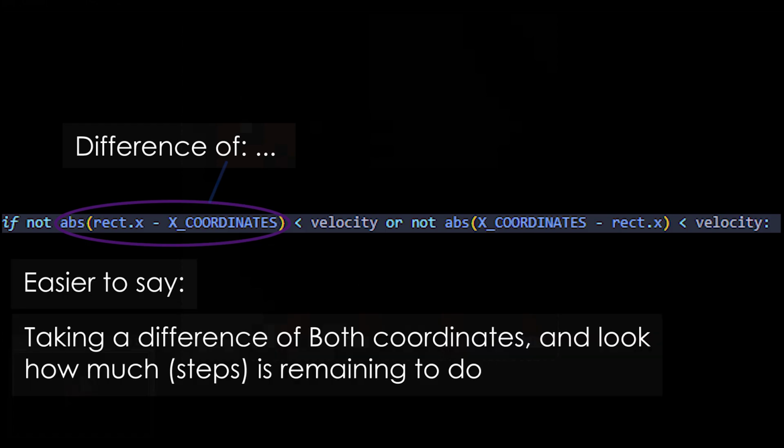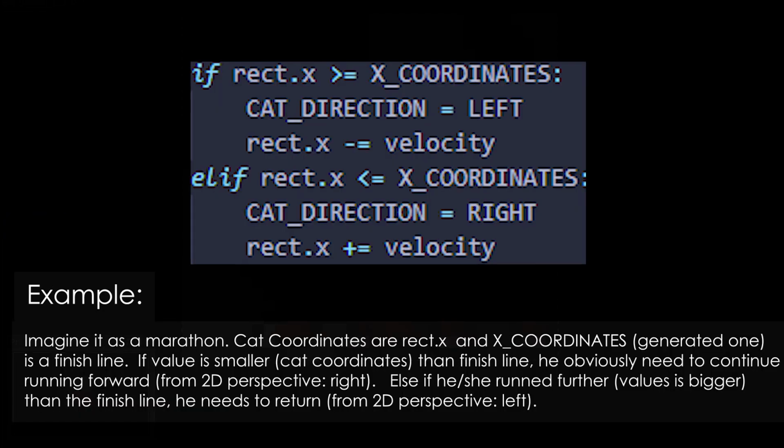You just say something like, oh, I am on coordinate 200. For example, I'm running a marathon. I have run 200 meters, but the finish line is at 2000 meters. 2000 minus 200 is 1800, which says how much we should move and also in which direction.